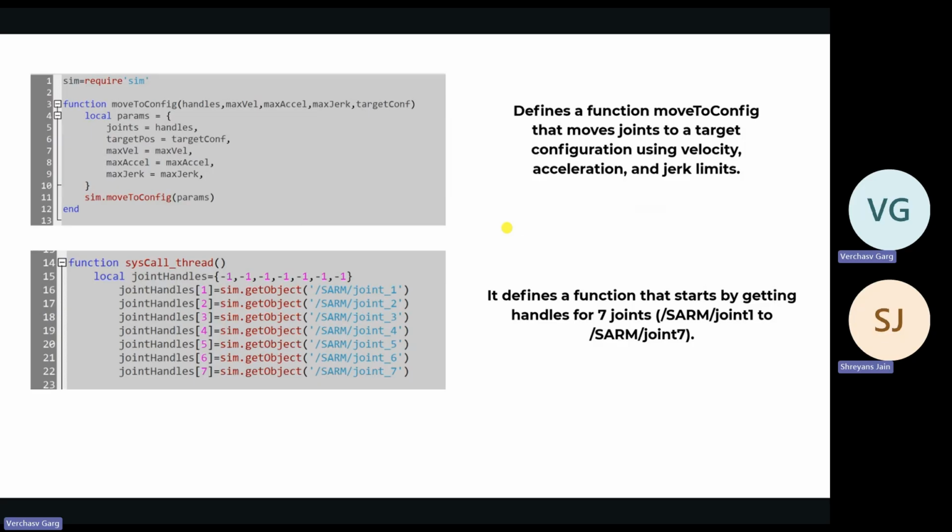Now I will come to the main function. This is function sysCall_thread. As you can see, I start here by getting the handles for all 7 of my joints. The way this works is you can see joint 1 in the object hierarchy, but inside the simulation inside CoppeliaSim, they have different values.